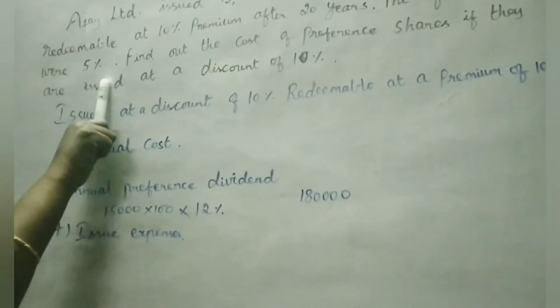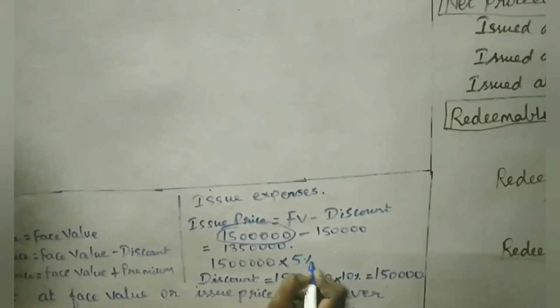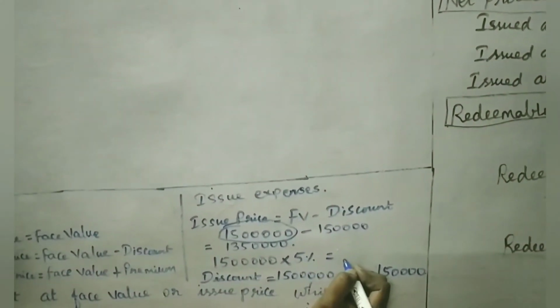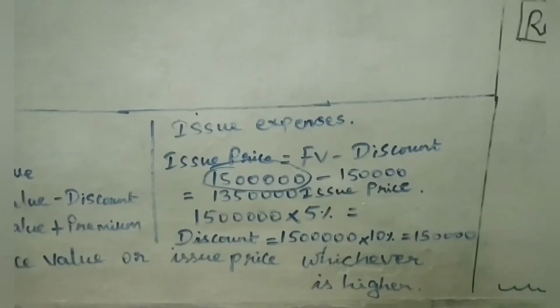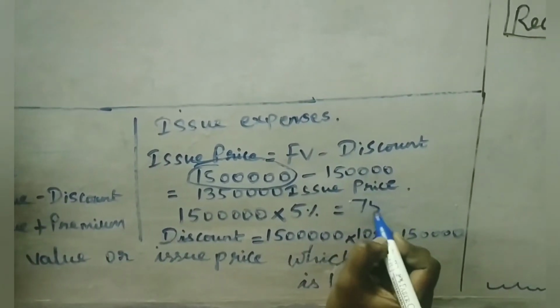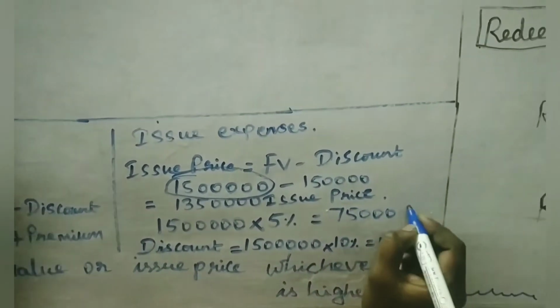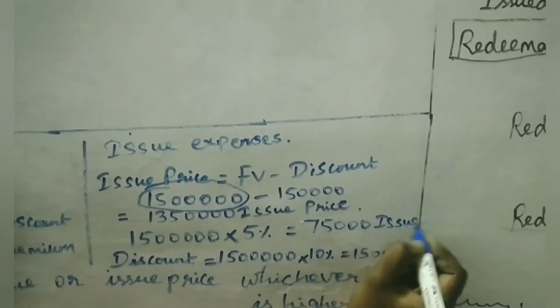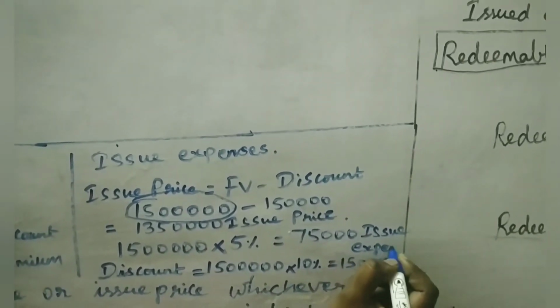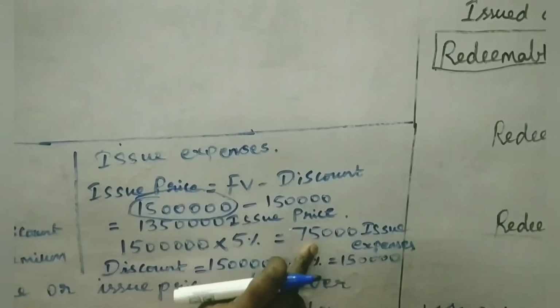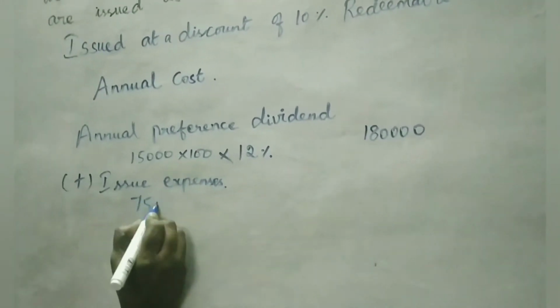The flotation cost were 5%. Apply 5%. 15 lakhs into 5%. 75,000 issue expenses. Write the issue expenses amount. It is 75,000.